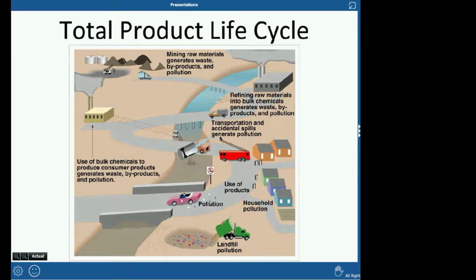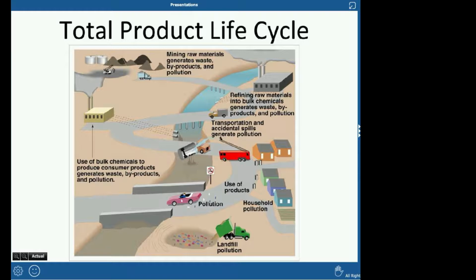So then the product life cycle. A lot of these chemicals, we now have to track them. They call it from cradle to grave, so from where they're manufactured until where they're disposed of. They have to track them all the way. This is just an example of looking at a product where you're mining it, then refining it, and it's transported, and then you buy it, and then it pollutes somehow.